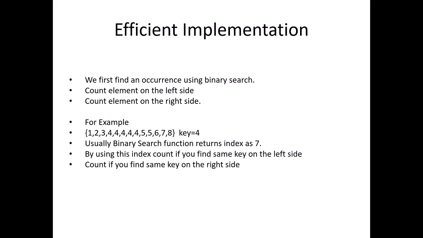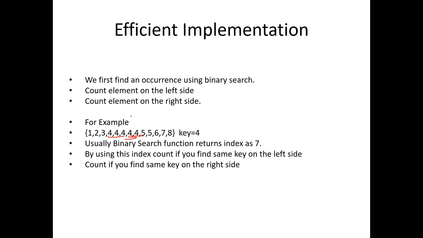Using this index, count the elements on the left side, we have 1, and on the right side, we have 3. Totally we have 5 elements, so the number of occurrences is 5.